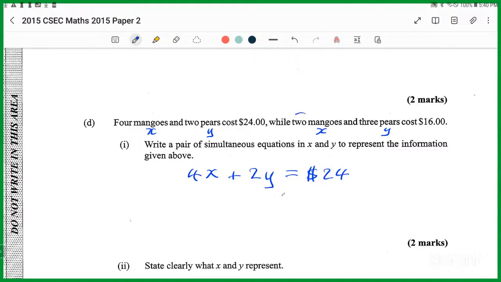The second equation is 2 times the cost of a mango, which is 2x, plus 3 times the cost of a pear, and that is $16. Those are the 2 equations.